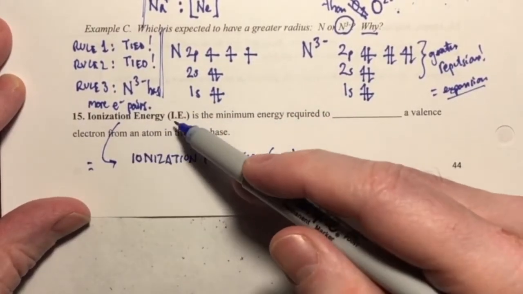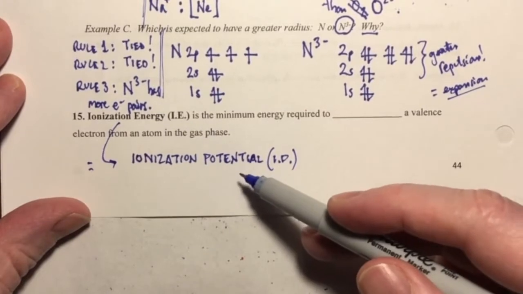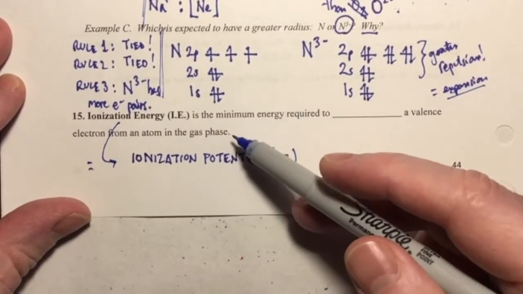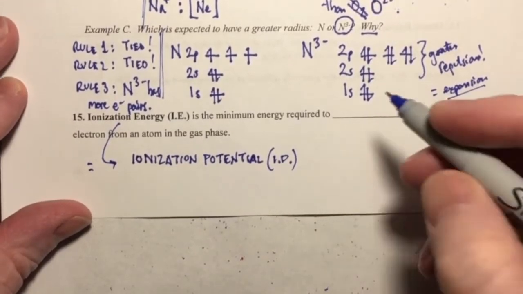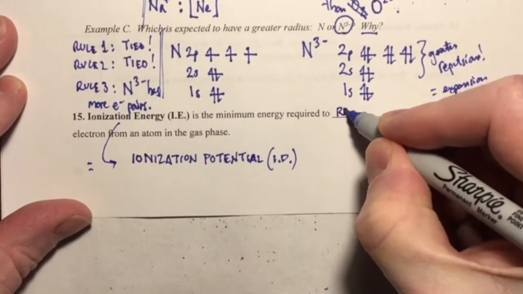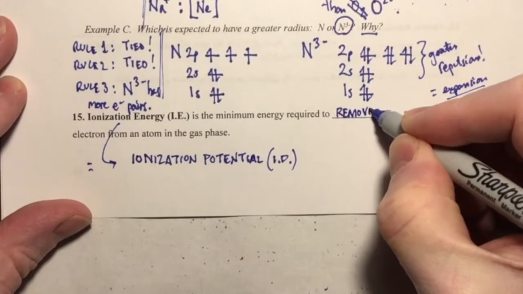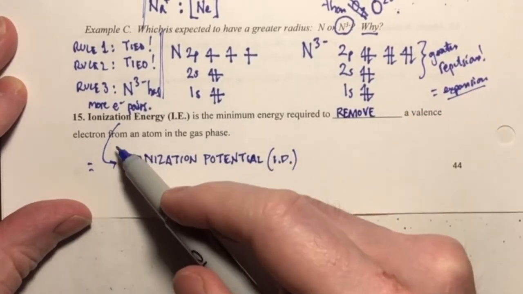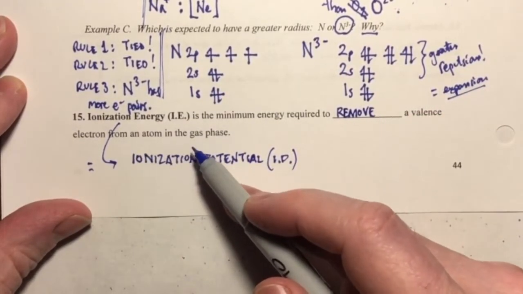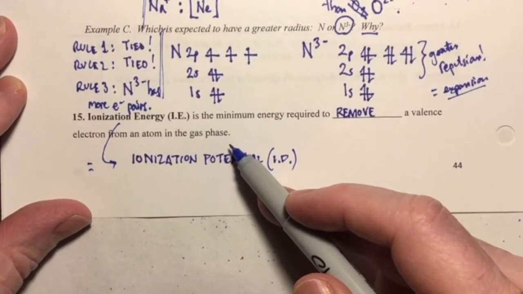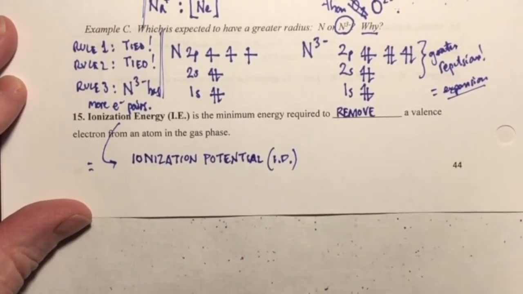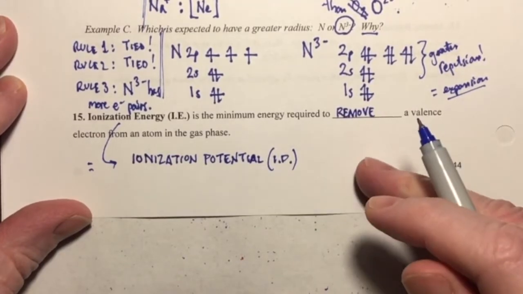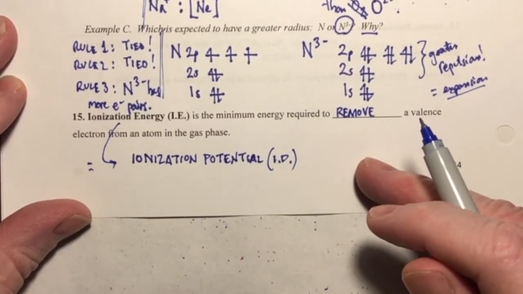So ionization energy, or ionization potential, they're the same thing, is the minimum energy required to remove a valence electron from an atom in the gas phase. To clarify, if I have an atom and I'm trying to remove an electron from it so that it becomes positively charged, that requires some energy.